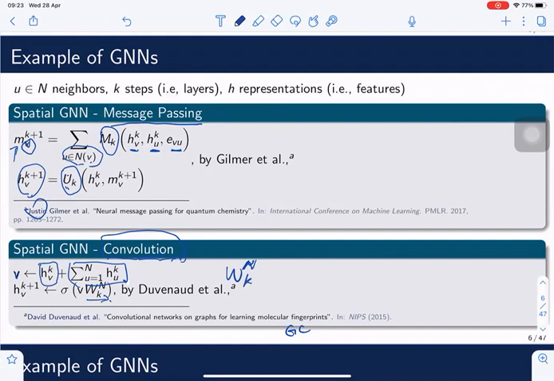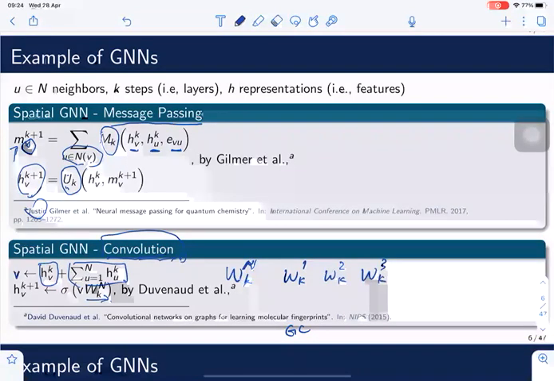And in each layer, you have a set of W, like W1, W2, W3. And the purpose of those W's: if your atom has one neighbor, you use this weight.